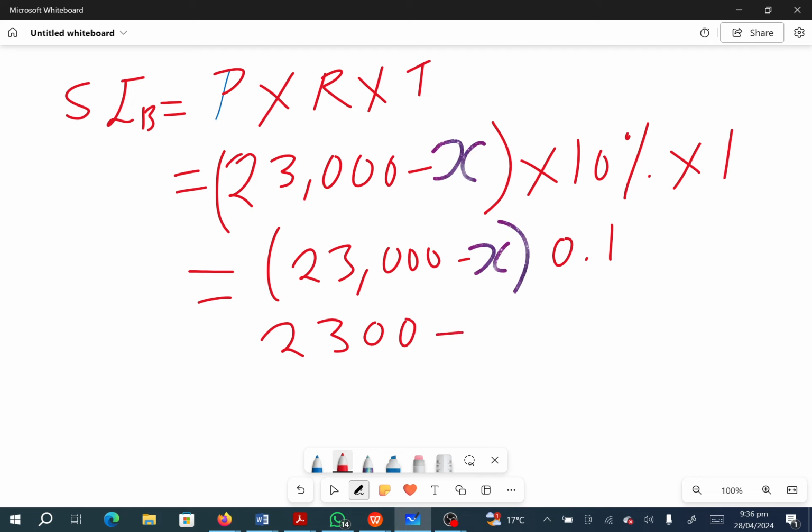Then 0.1 multiplied by X, we have 0.1x. Then equals SI.